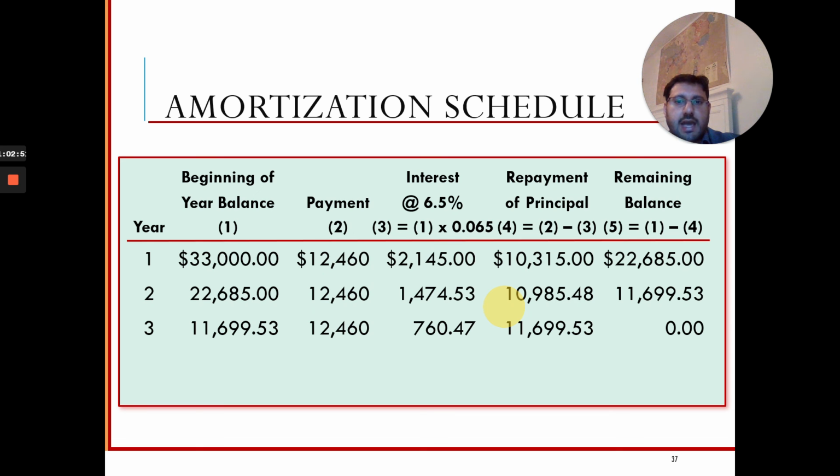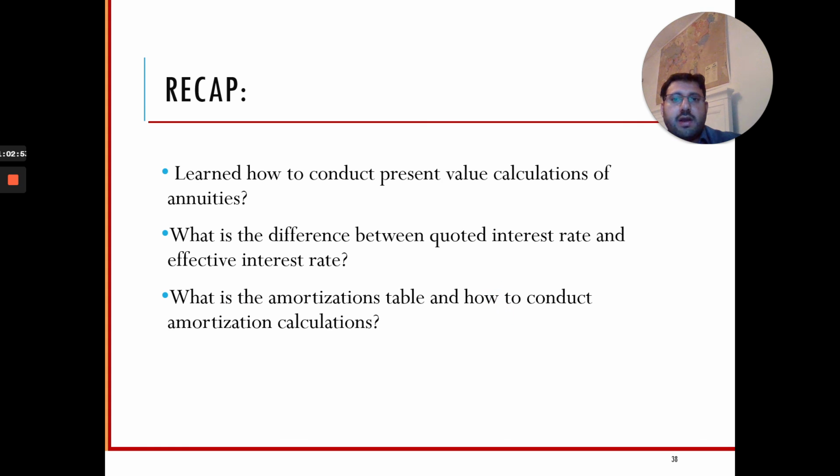Let's quickly recap what we have learned. We have learned how to conduct the present value calculation of annuities, both ordinary annuity and annuity due. We also discussed in detail the difference between the quoted interest rate, which we can also call the simple interest rate, and the effective annual rate, EAR.